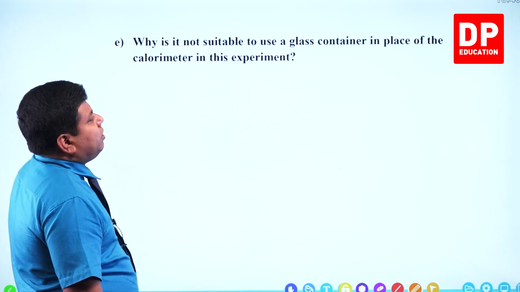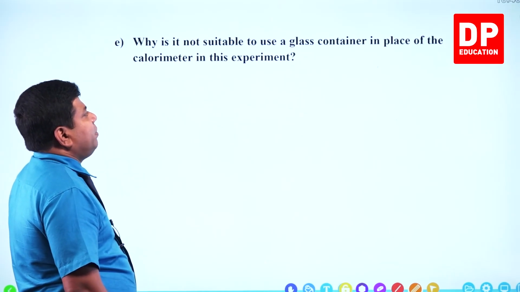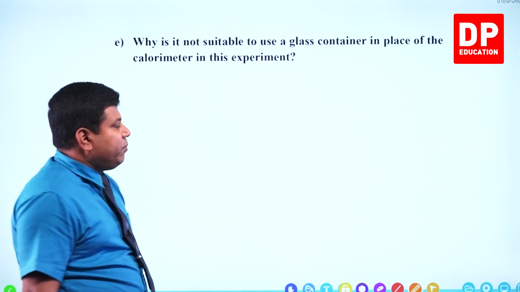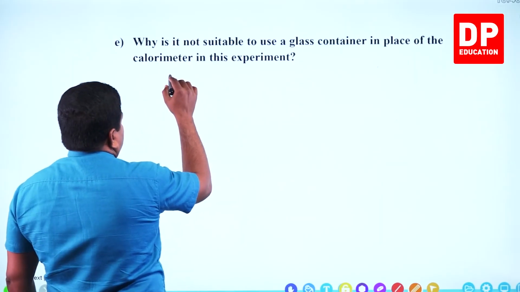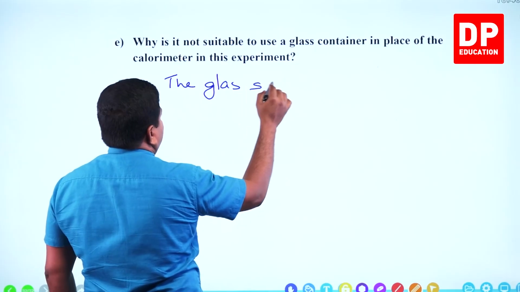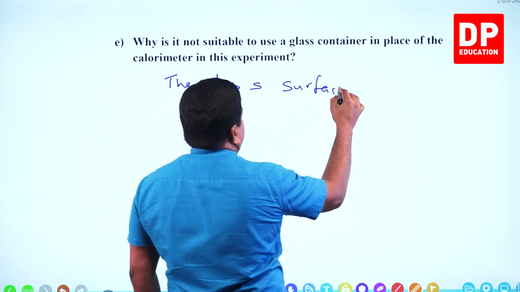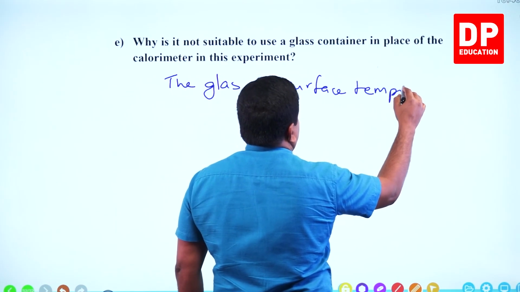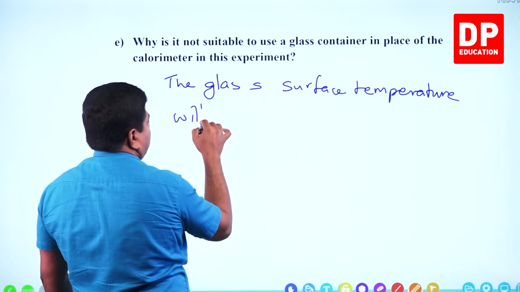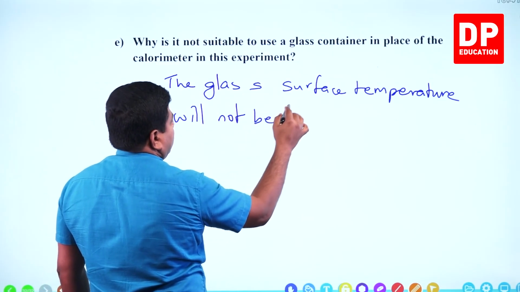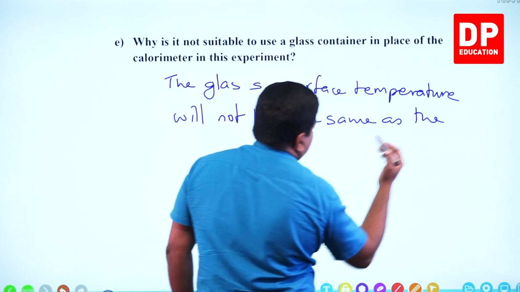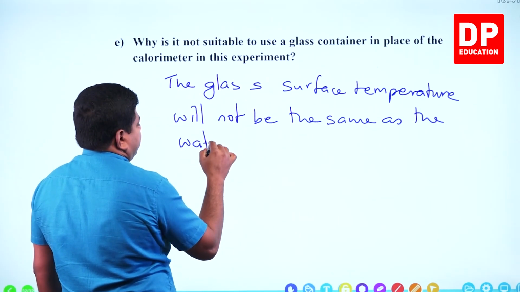Last part of this. Why is it not suitable to use a glass container in place of the calorimeter in this experiment? Didn't we have this question in the 1990 paper, the previous paper? Same. What are you going to say? The glass surface temperature will not be the same as the water's temperature.